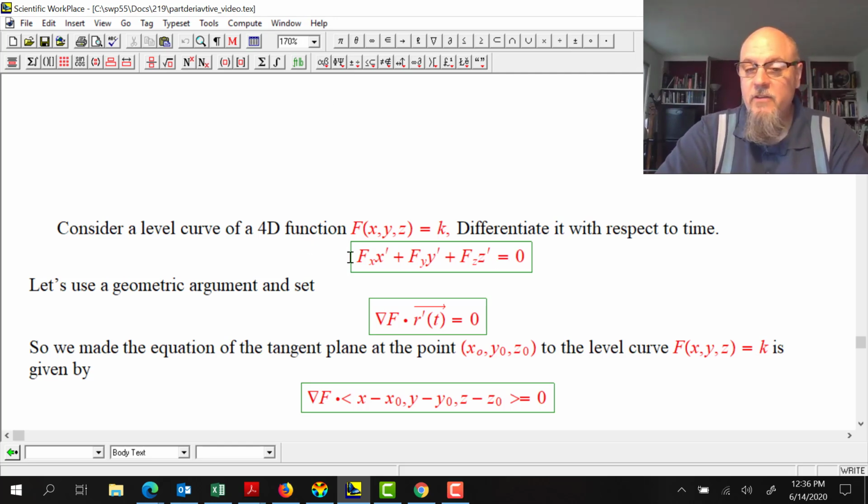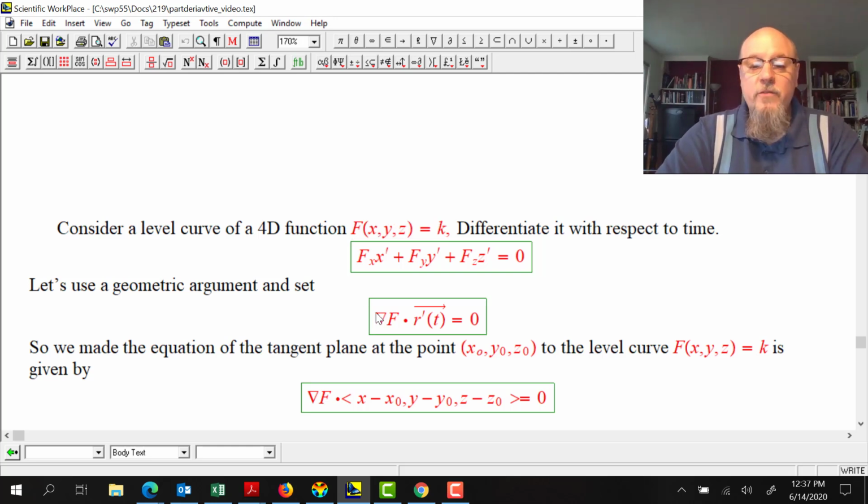And this is the gradient vector, f sub x, f sub y, f sub z, the gradient vector dot product the tangent vector equals 0. Now we were in 4-dimensional space, but when I take a slice of it, this level curve is an implicitly defined 3D surface.